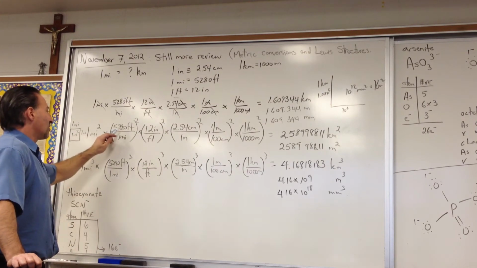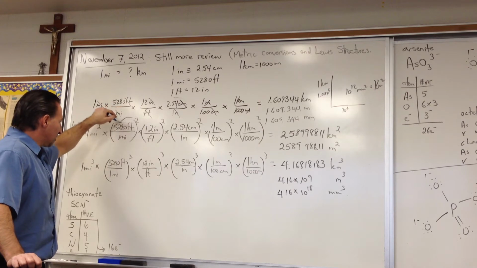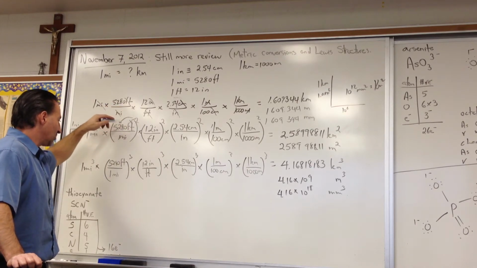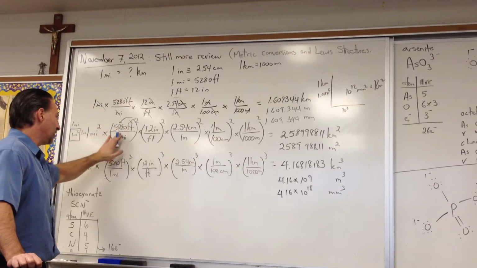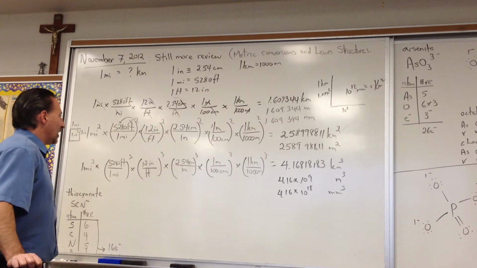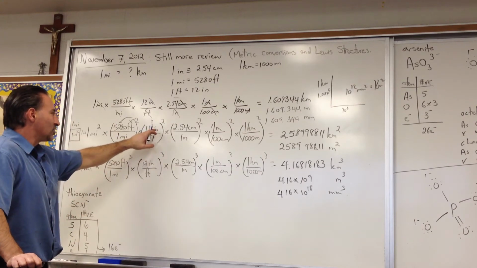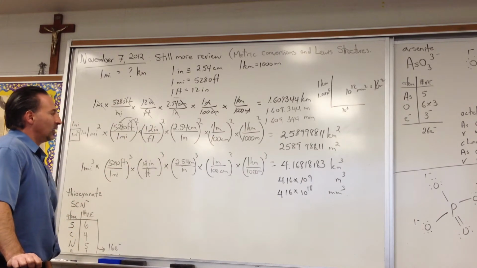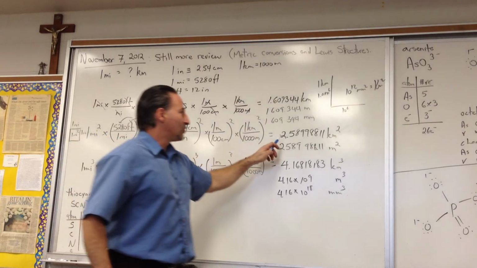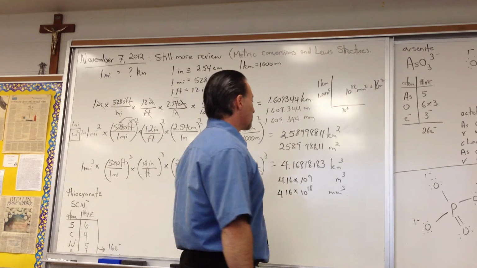So 5,280 squared; remember, this squared power is distributed to each part, to the mile, to the 1, to the 5,280, and to the feet, and so on all the way down the line. So this becomes 144 inches squared per foot squared, and 2.54 squared, and so on. At the end we get 2.589 kilometers squared.